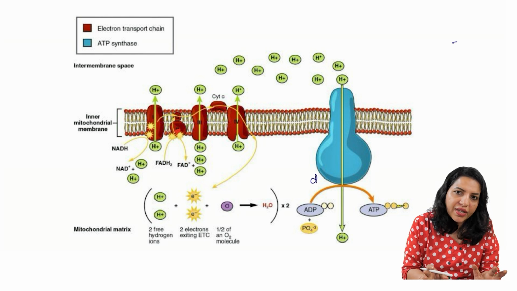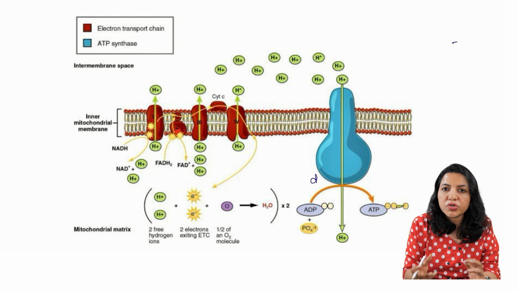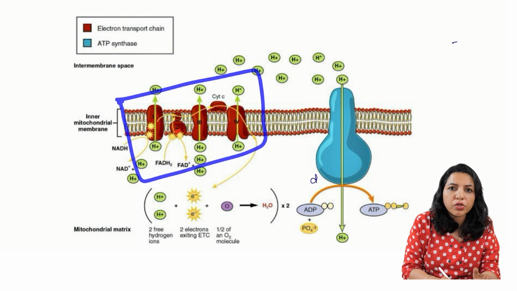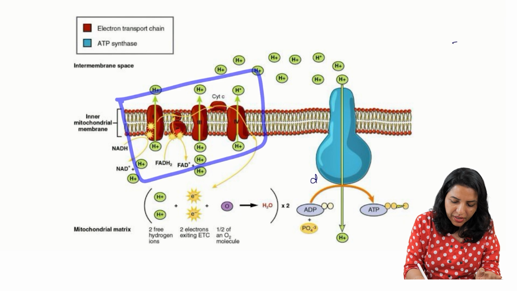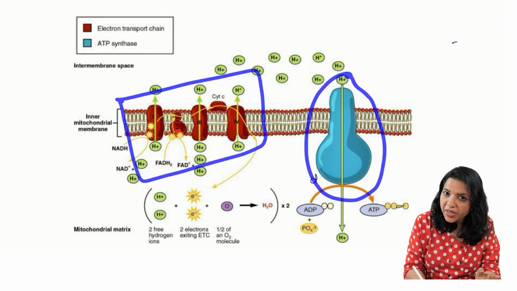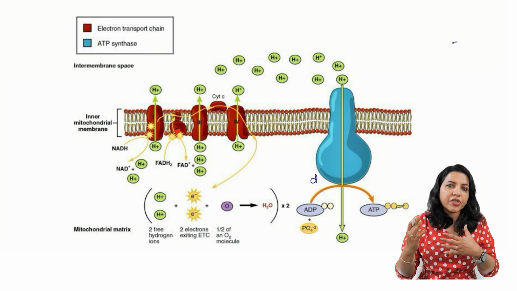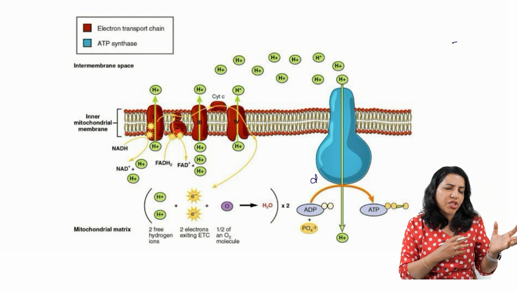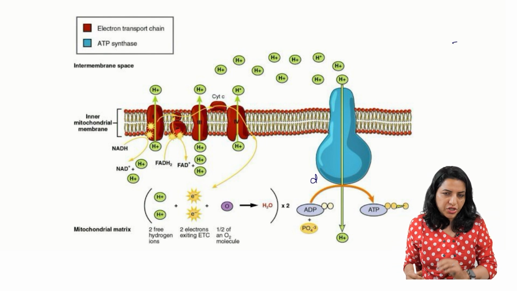Number one can be inhibitors of electron transfer, which means any inhibitors from complex 1 to complex 4. There are inhibitors of oxidative phosphorylation, and there are uncouplers, which uncouple the oxidation from the phosphorylation.